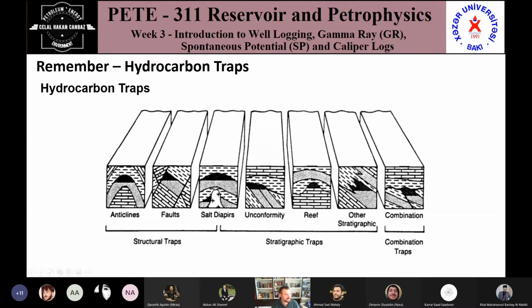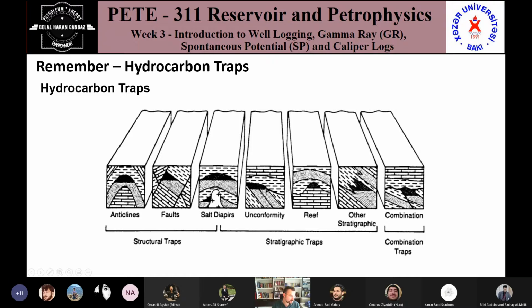Faults, okay, a fault can cut the formation, and what happens, it creates a kind of caprock, and oil and gas form beneath this. Salt diapirs, as you can see, salt is also an impermeable zone, so it creates a kind of natural caprock in here.